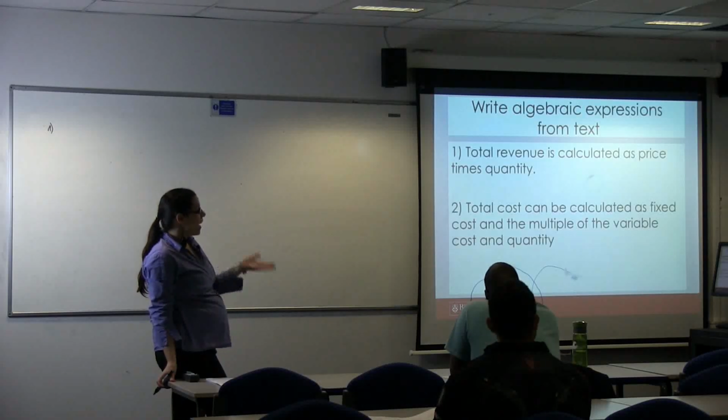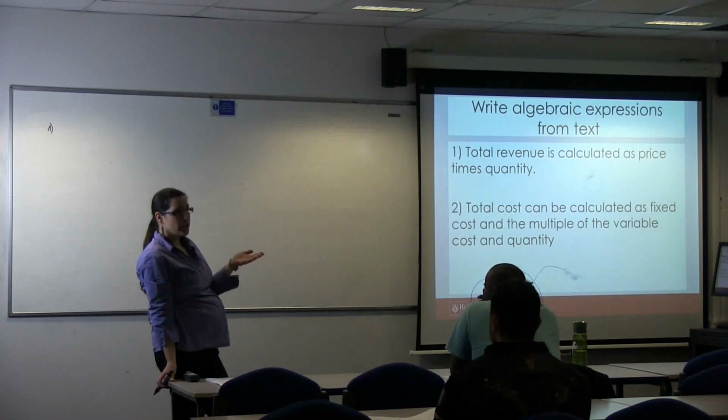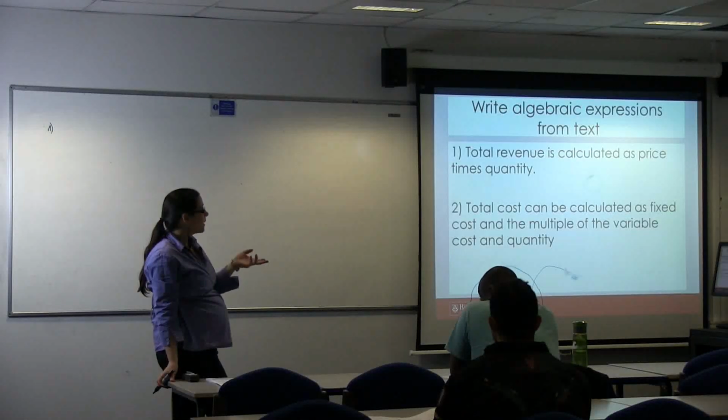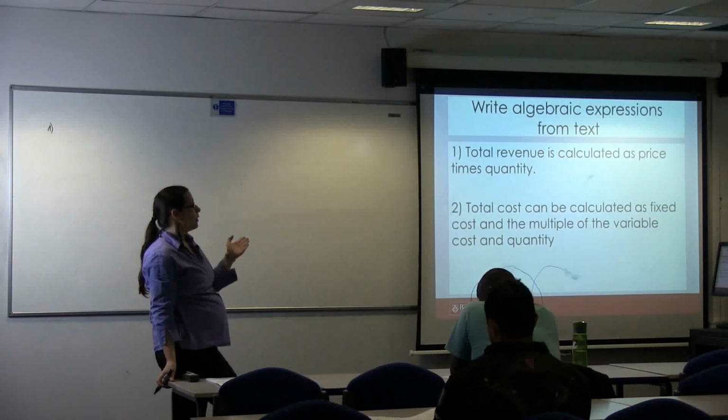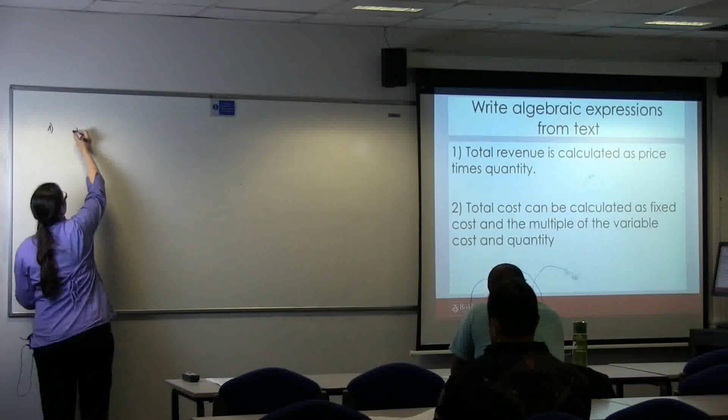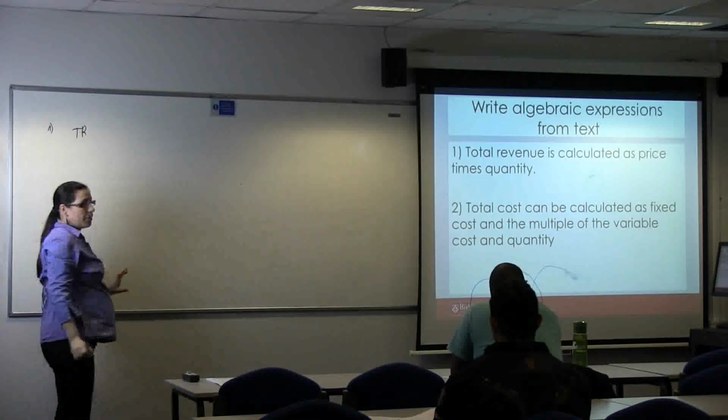So whatever you study, whatever subjects you study, it will have some specific vocabulary. In this case, total revenue is something that we need to know, and total revenue is usually represented by TR.